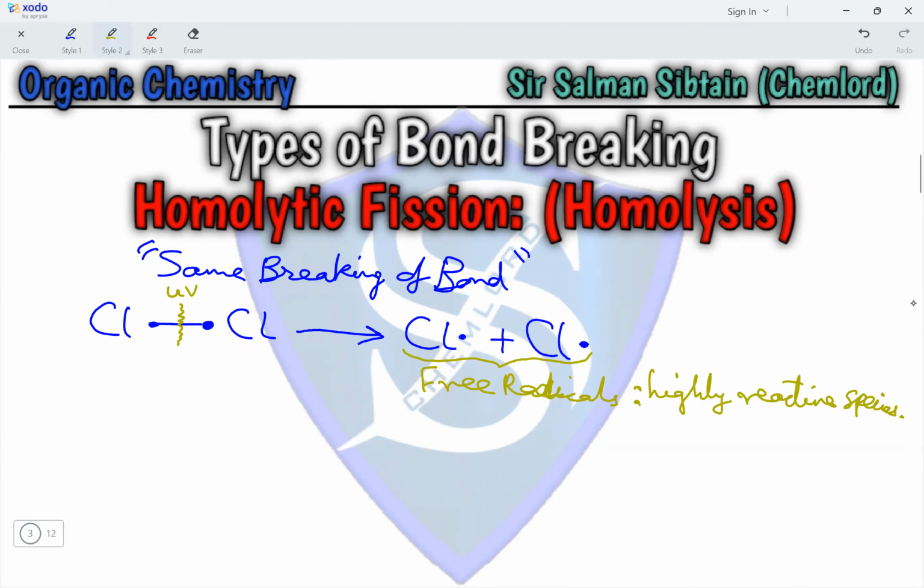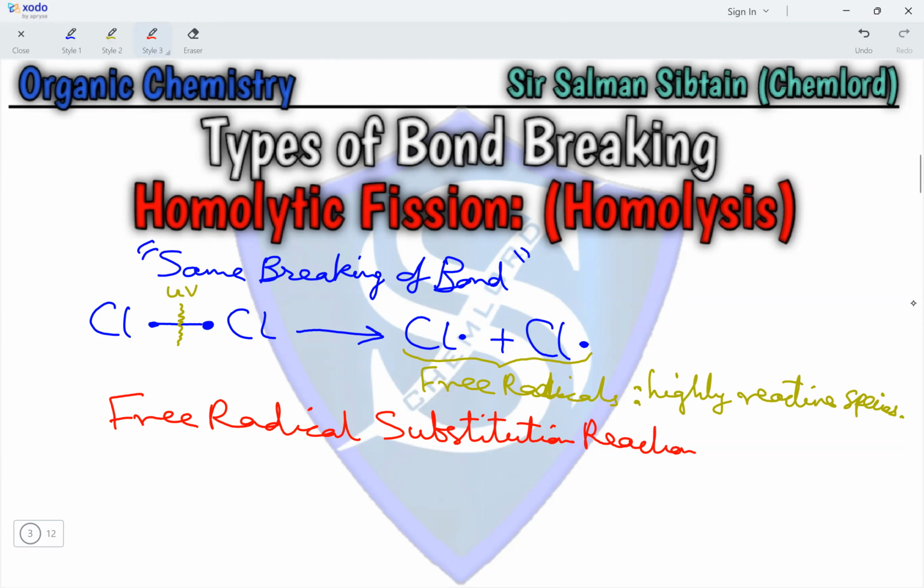Whenever they are formed, they attack any molecule close to them and reform their own bond while creating another free radical of that particular molecule. So, free radicals, when formed, undergo free radical substitution reaction mechanism. Now, these free radicals that are formed are made of chlorine, so they are known as chloride free radicals.